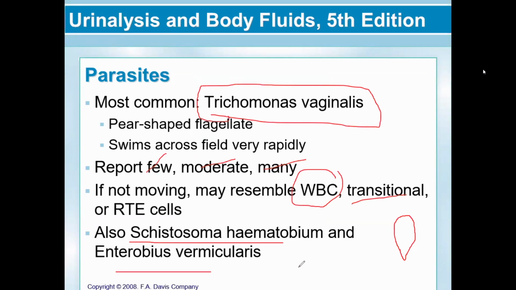Or for your Enterobius vermicularis, yung pinworm, egg na D-shape, di ba? Flat sa parang isang side niya. So makikita mo siya, pwedeng maihalo doon sa urine ng ating pasyente. Kasi minsan yung D-shape ova na yan, nangingitlog siya doon sa labasan ng tae. At pag naihi ka, minsan nasasama siya during the collection. Okay? So, next.